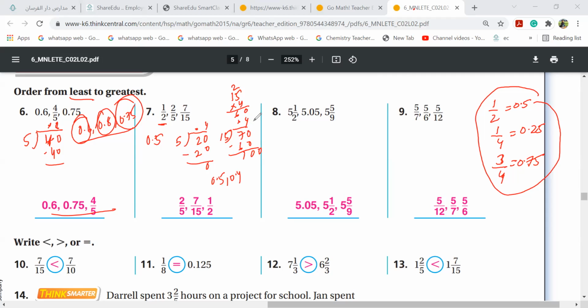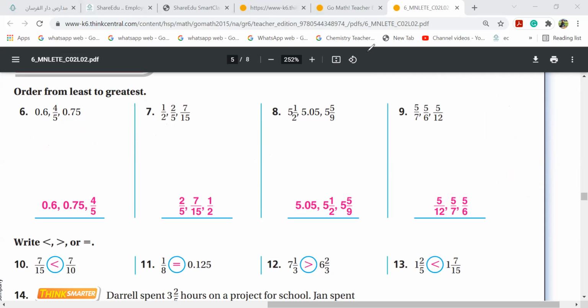Again a 0, 15 times maybe 8. It becomes big. 15 times 7, almost like 0.47. But 0.47 will be bigger. So 0.5, then 7 over 15, and then half. Least means the less is 0.4, then comes 0.47, and then comes 0.5.